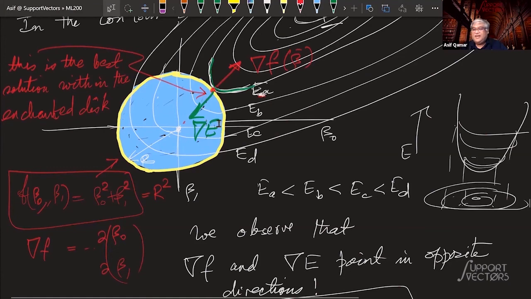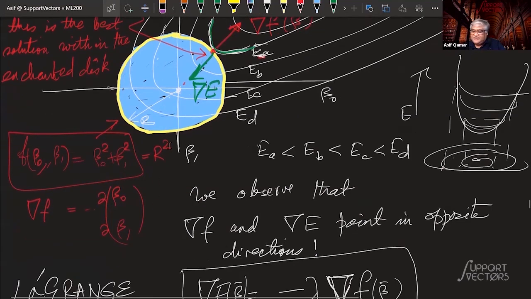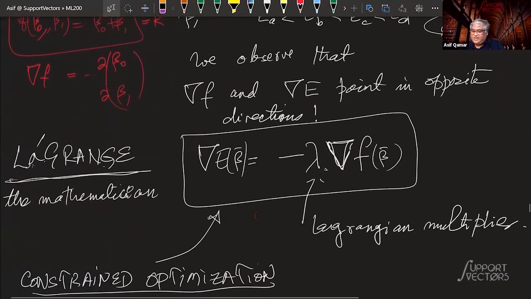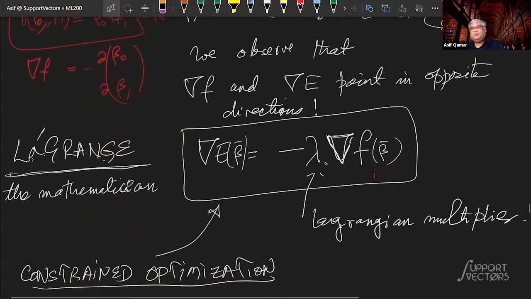Okay, so this is what we are saying: when you have a constrained region and you say, give me the minima here, then at that optimal point, the gradient of the constraint surface and the gradient of the actual error function will be opposites. So in other words, you can write it this way: the error gradient is, up to a proportionality constant, the negative of the other one.